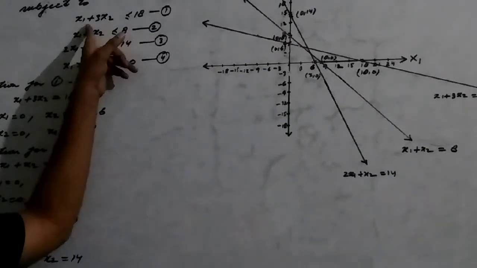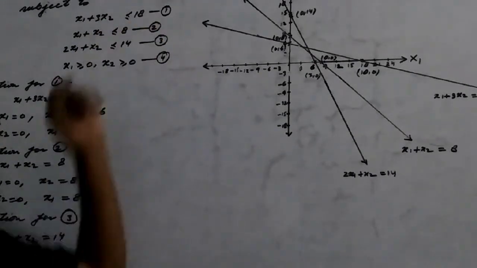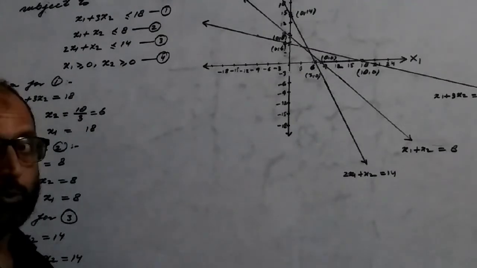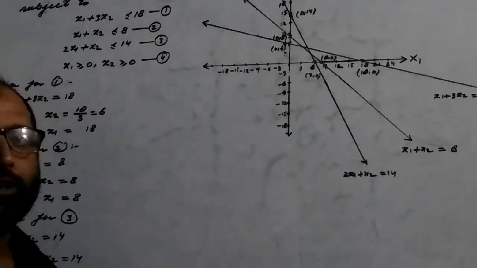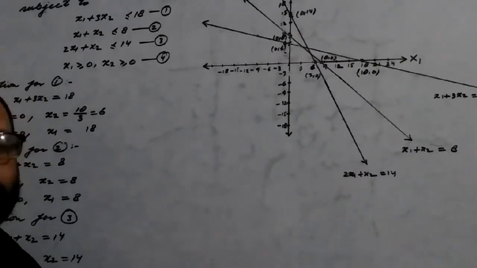So if we substitute x1 and x2 both equal to 0, here we have in the inequation 0 is less than 18. We don't consider the equality sign but only the inequation. So 0 is less than 18 is a true statement.